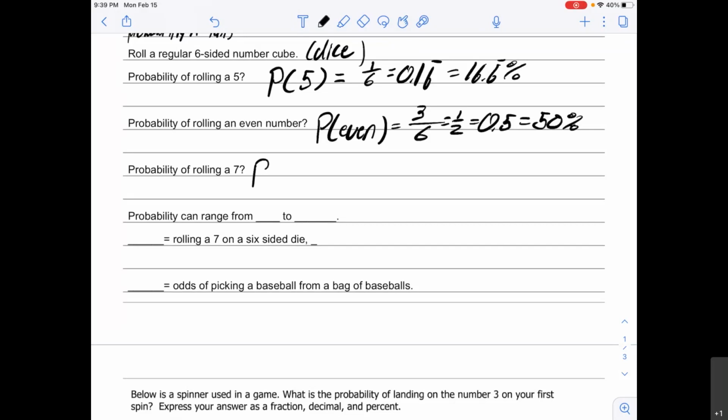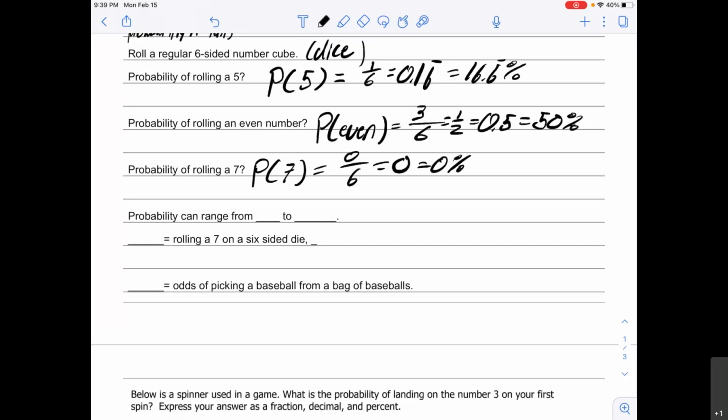So now the probability of rolling a 7. Well, there's 6 total sides. And if I think about this, 0 of those sides have a 7 on them. So my probability is 0/6 or 0 or 0%.